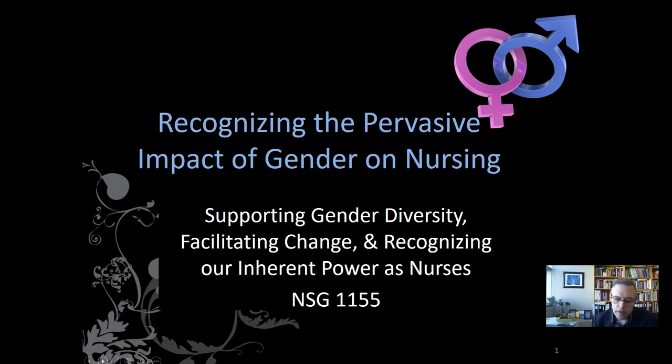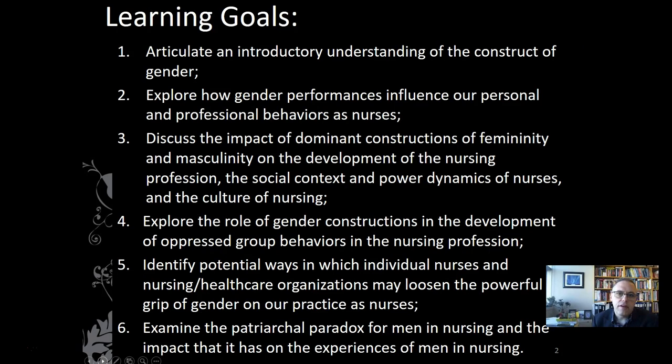Now, there are a number of learning goals that we're going to cover in these following slides. However, I think that the key thing is that when we ask people about what some of the biggest issues in nursing are, they'll often talk about things like horizontal violence.